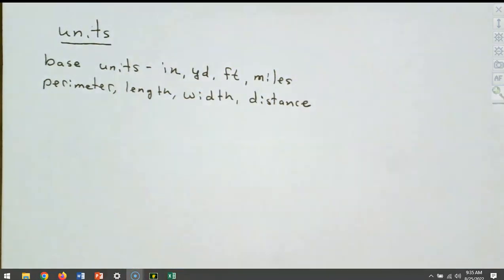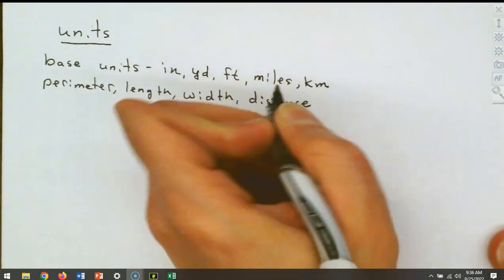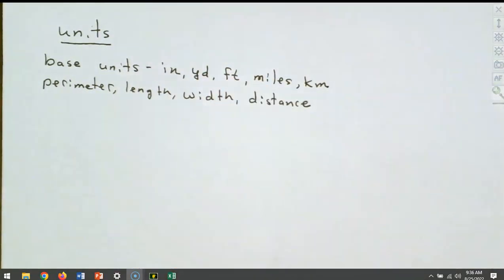So if we can measure it with a ruler, or if it's a distance, that's going to be in the basic unit. Depending upon what it is, if it's a rectangle that we made, it might be in inches, might be in feet, might be in yards. If it's a distance that we drive in our car, that might be in miles or kilometers. But these are going to be the basic units.